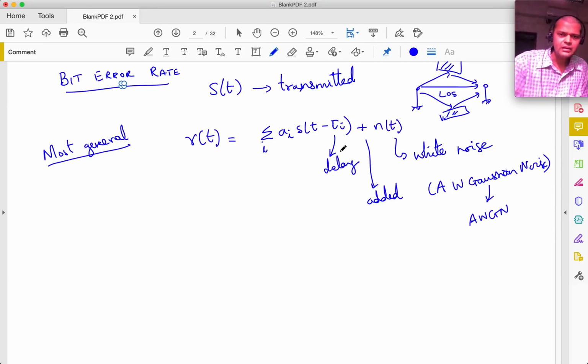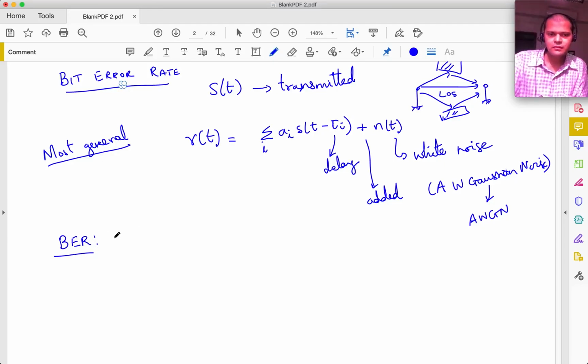But how do we analyze this sort of situation? Before you spend so much money building a 4G technology or putting it in handsets, you should have some theoretical idea of how it's going to perform. Ideally you want your bit error rate to be as small as possible. So what is bit error rate?